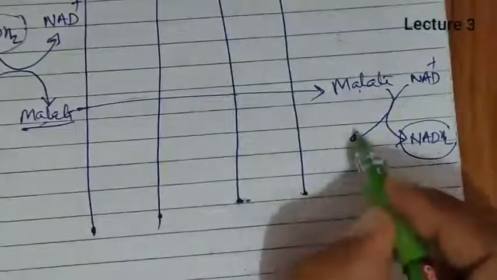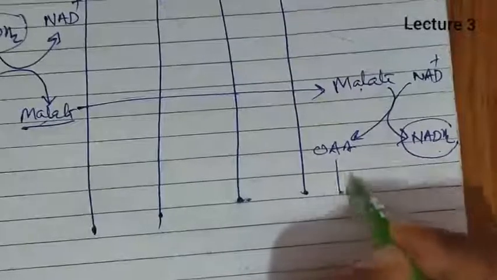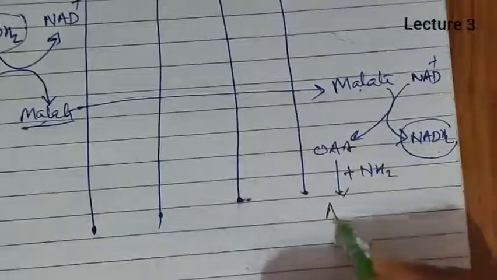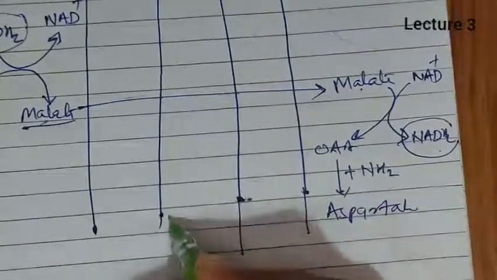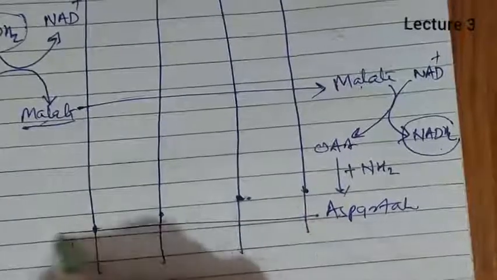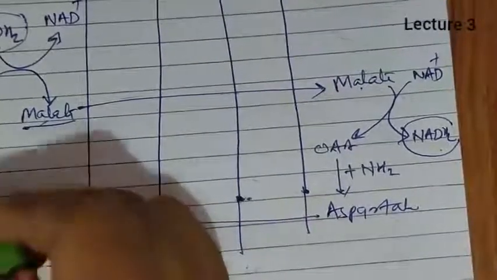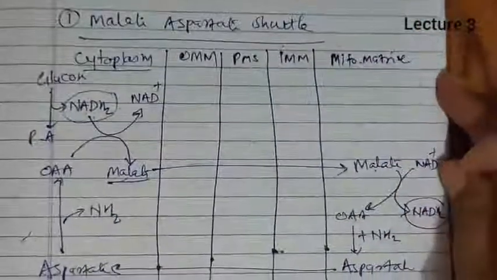Now this malate will convert into oxaloacetic acid, but oxaloacetic acid cannot pass, so it reacts with NH2 and forms aspartate. This aspartate can pass through, so aspartate will come out, and when it releases NH2, it will form oxaloacetic acid again. So this is how the whole malate aspartate shuttle functions.